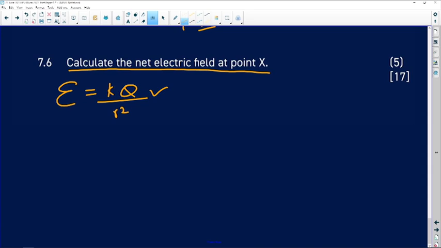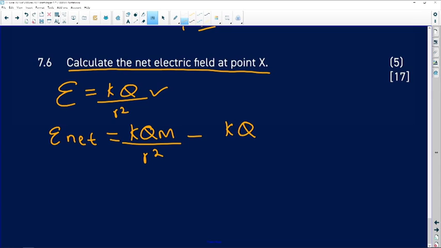However, remember you're looking for E net here, the net electric field at point X. So E net equals KQM over R squared, minus KQN over R squared, because our point of reference is X.